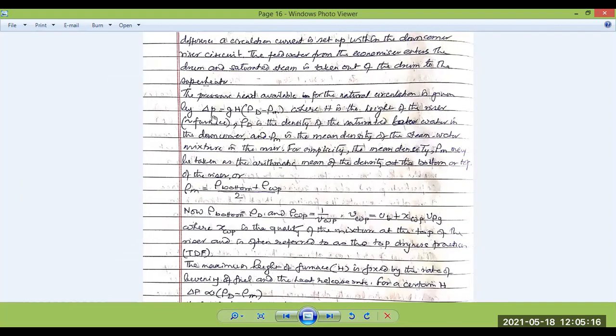This is given by delta P equal to g into H into rho D minus rho M, where H is the height of the riser, rho D is the density of the saturated water in the downcomer itself, and rho M is the mean density of the steam water mixture, taken as the arithmetic mean of the density at the bottom and top of the riser. So rho bottom plus rho top divided by 2 is the mean density of the mixture.